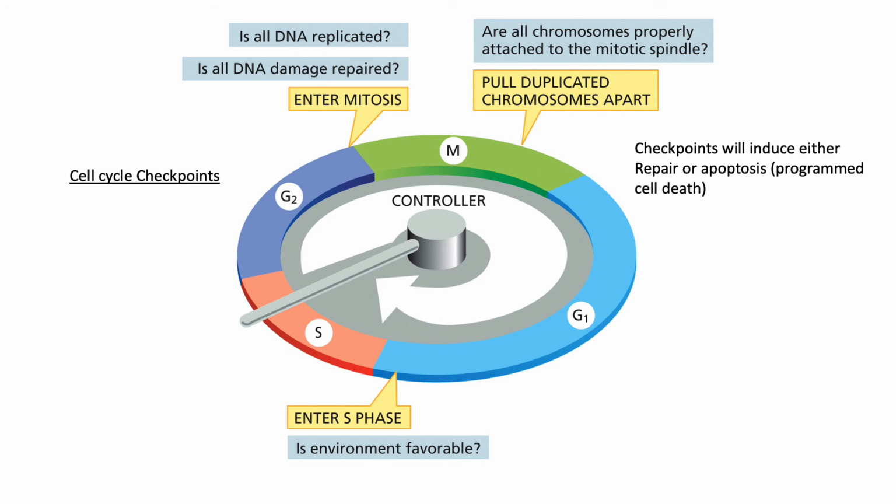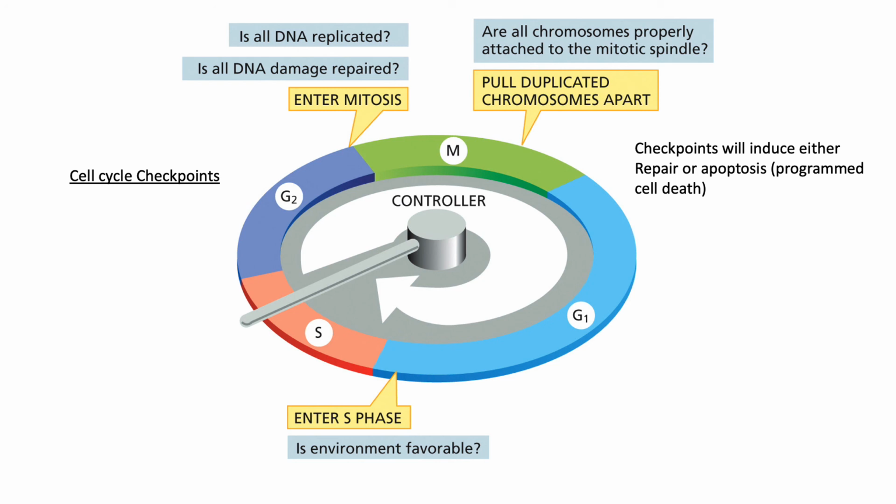So there's what's called a G1 checkpoint. What it says here is, is the environment favorable? What that means is really, are there any mutations in the DNA? Are there any defects in the DNA?